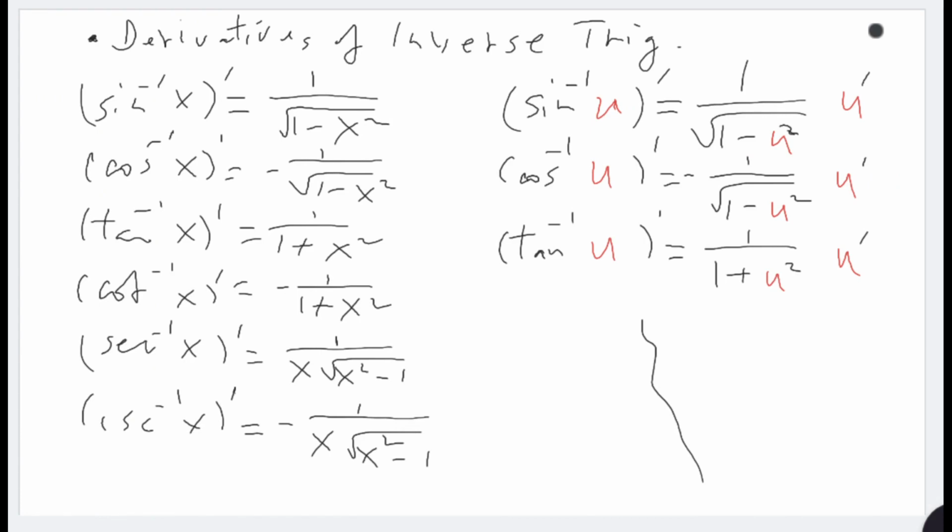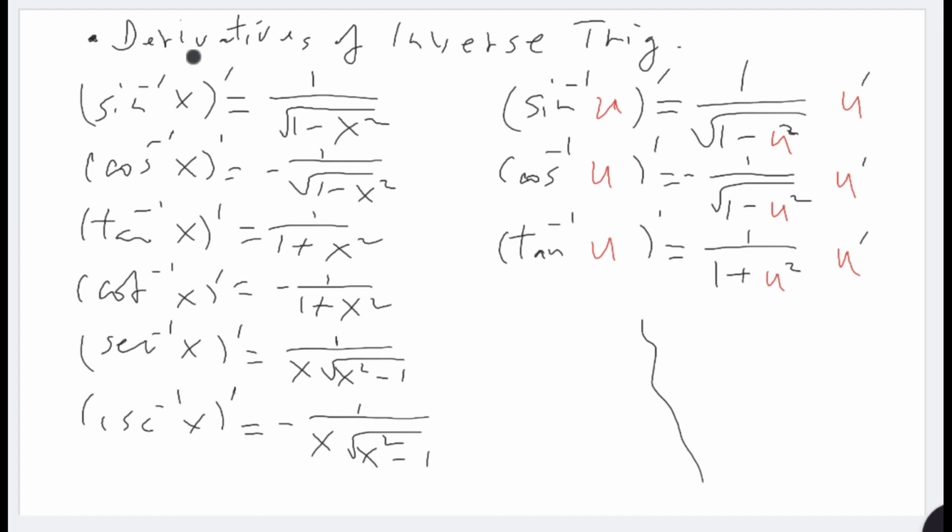All right, now let's talk about derivative of inverse trig. So there's an inverse sine, inverse cosine, so on, 6 of them. We have differentiation formulas, respectively.